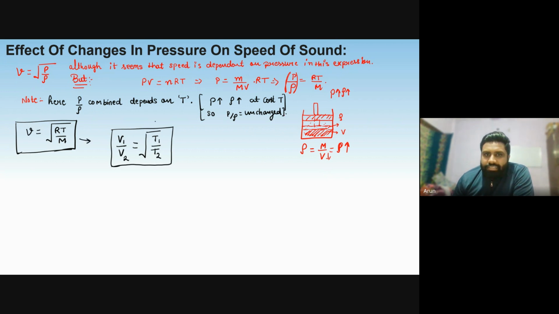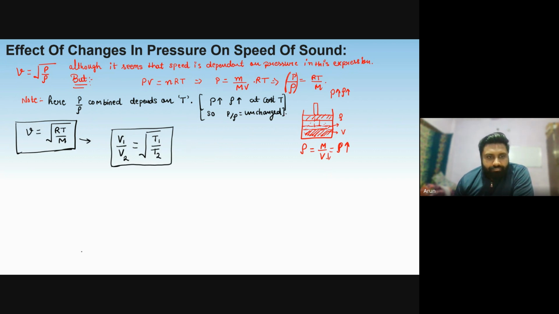If T is in degree Celsius, you can convert it into Kelvin. Let me discuss it in the next slide.